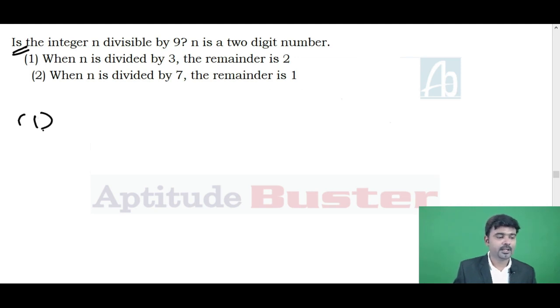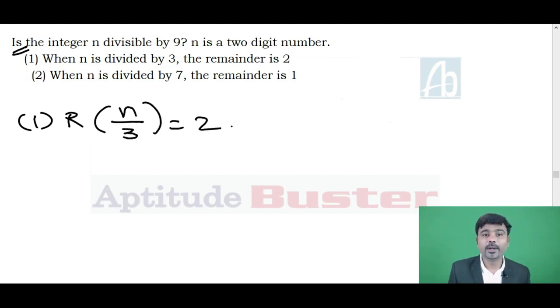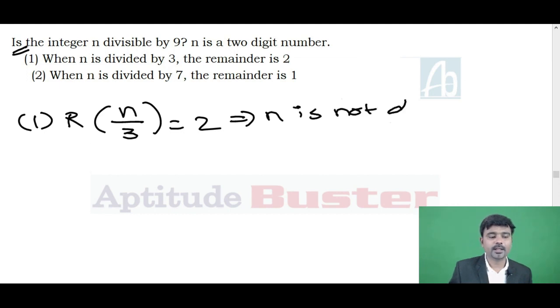Take the first statement. When n is divided by 3, the remainder is 2. Okay. No need to find out the value of n. Here, the question is whether n is divisible by 9 or not. See, n when divided by 3, the remainder is 2. That means n is not divisible by 3.